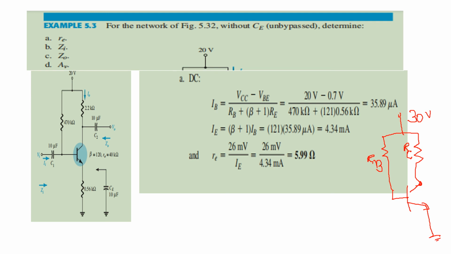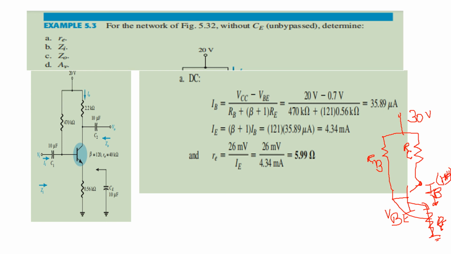So IB is nothing but VCC minus VBE upon RB plus 1 plus beta times RE, because the current flowing IE is IB into 1 plus beta.